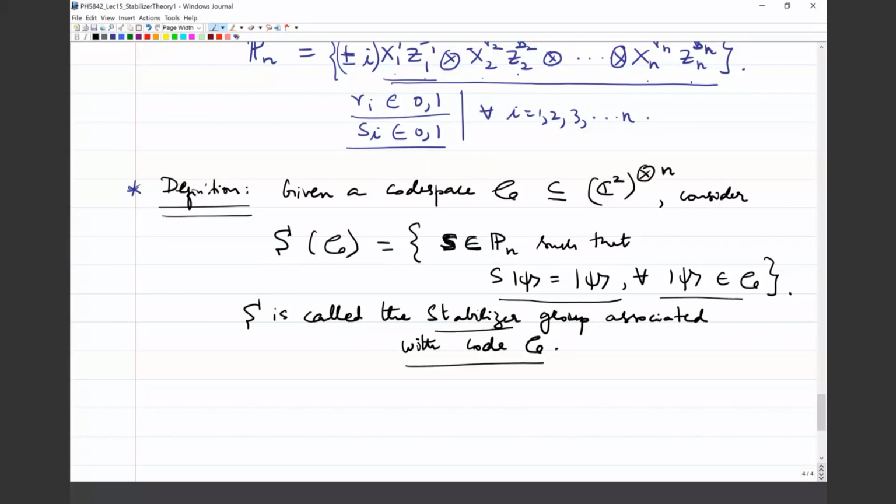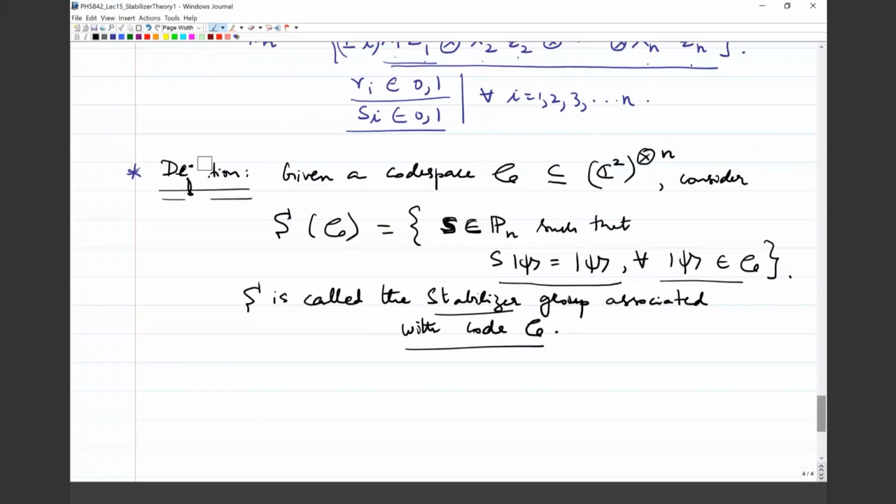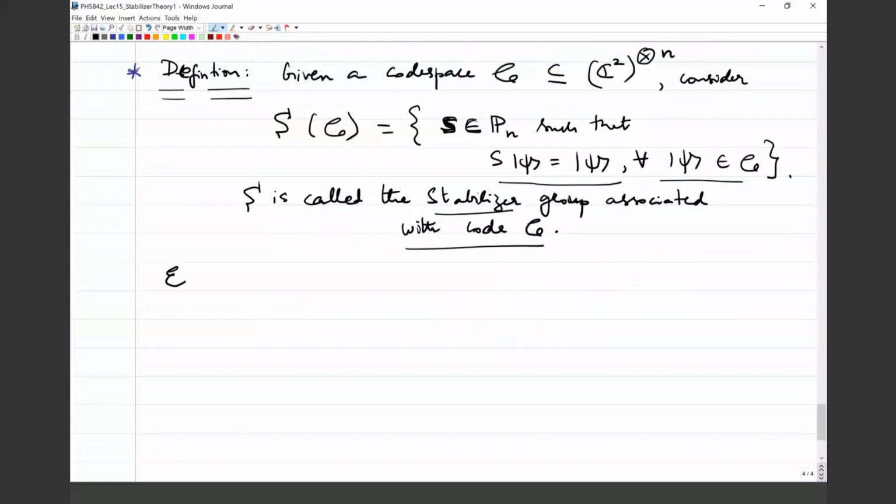So why is that? Okay, so let us look at the 3-qubit code example, and then maybe now things will become a bit more clear. So let us go back to the example, the 3-qubit code. The code space is the span of 000 and 111.